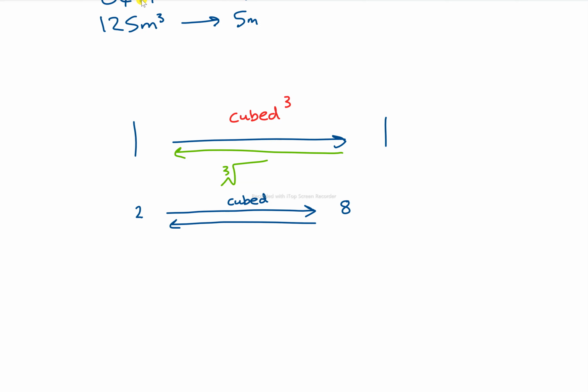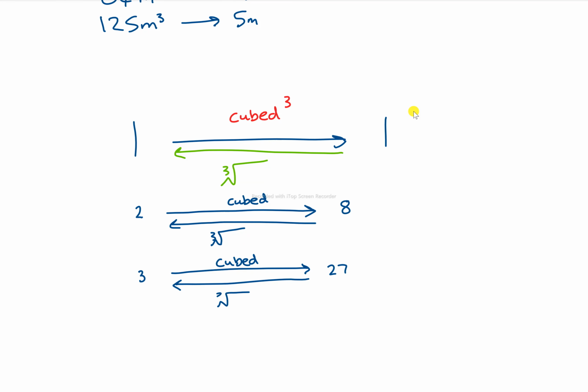If I go back and cube root it, it becomes 2. So 2 cubed is 8. The cube root of 8 is 2. Can you see how they're linked? Let's do 3. If I cube it, it becomes 27. Why? Because 3 times 3 times 3 is 27. What happens if I do the reverse operation, or the inverse?